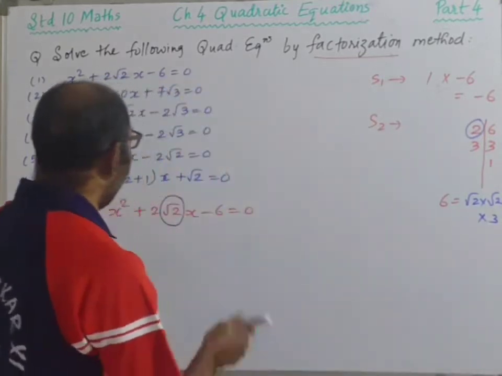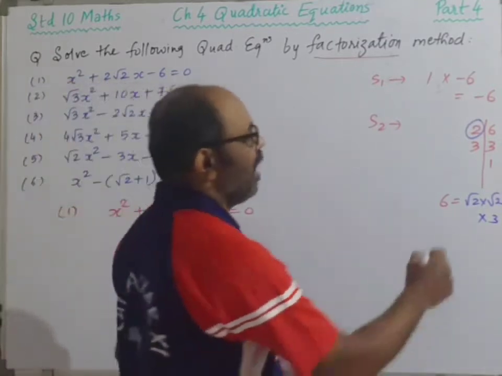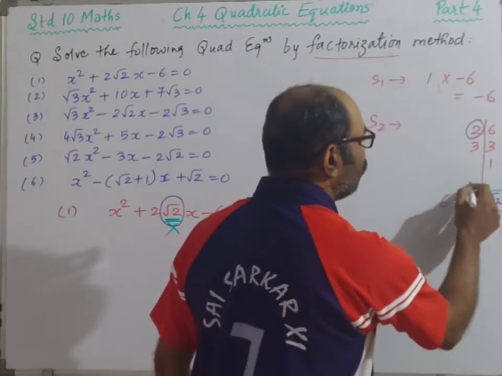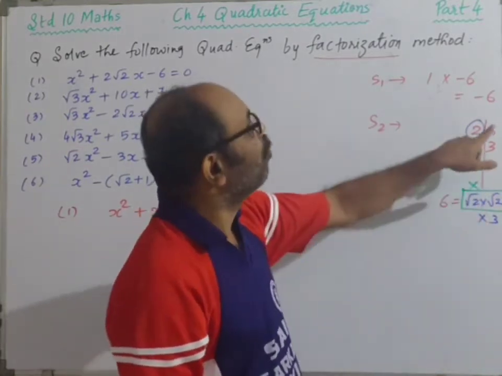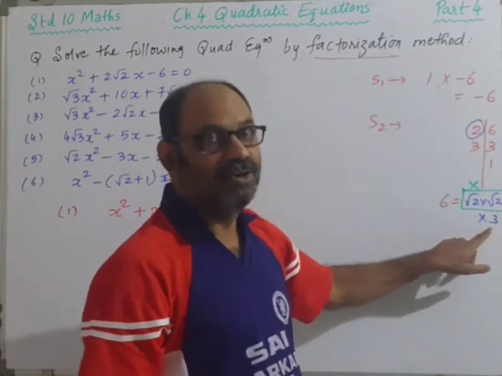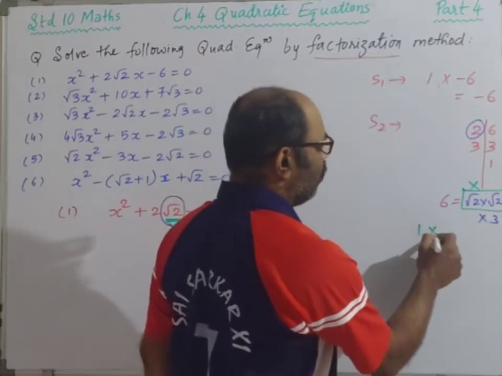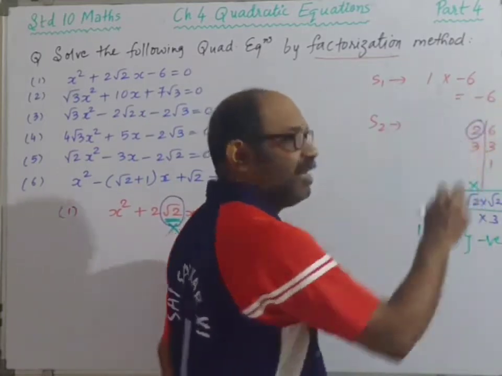Now forget this root 2 for a moment, and all the root 2s here, forget them. So what is left? 3. You do not have to find the pairs of factors of 6, you have to find them for 3 only. And for 3 there is only 1, 1 3s are 3. The product is negative, minus.